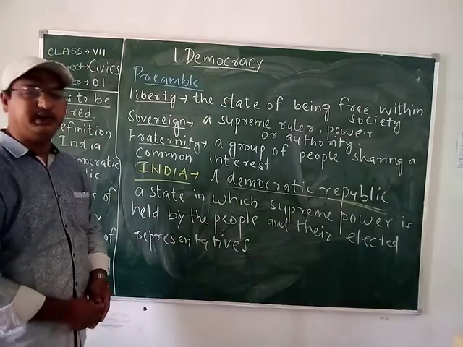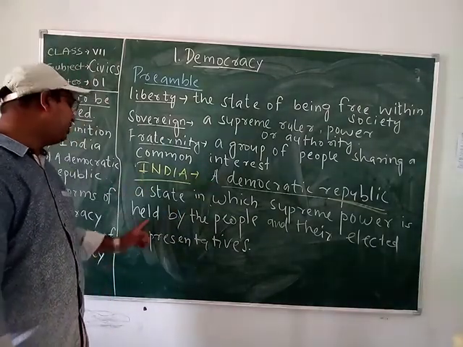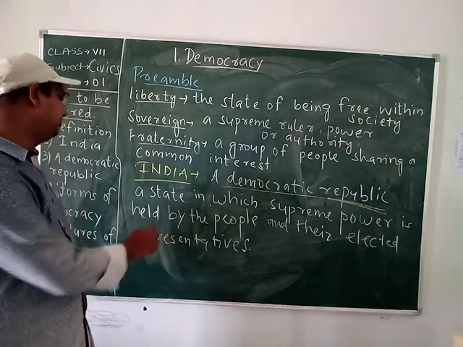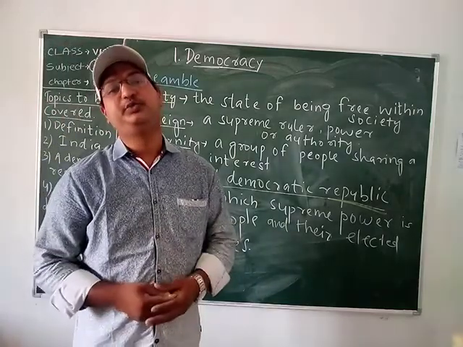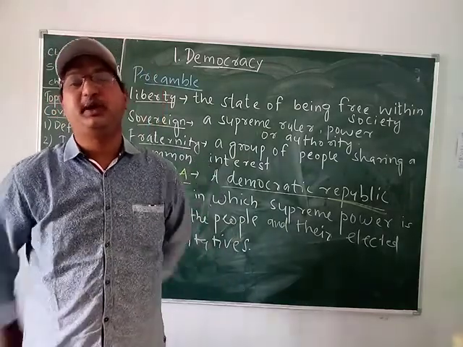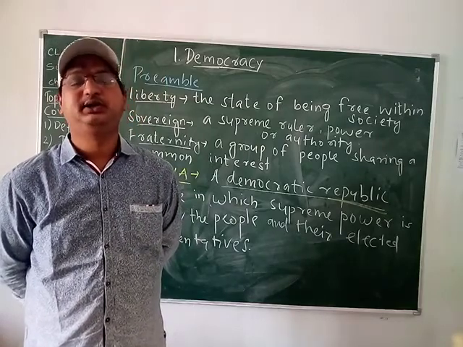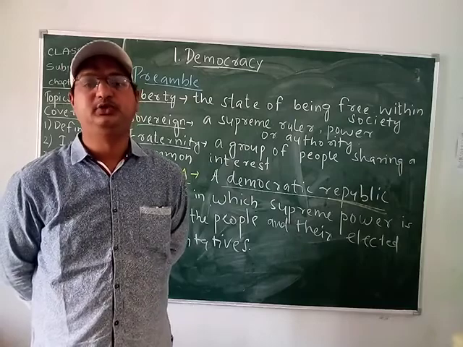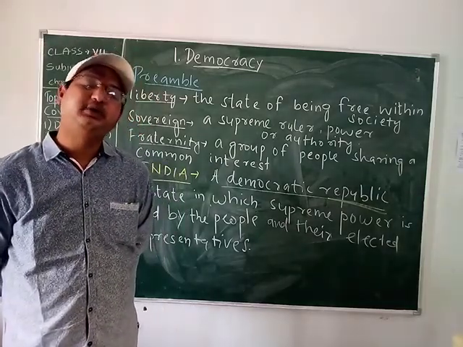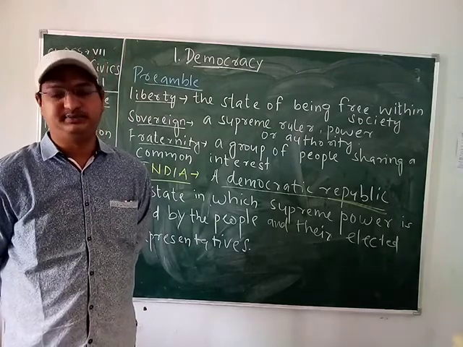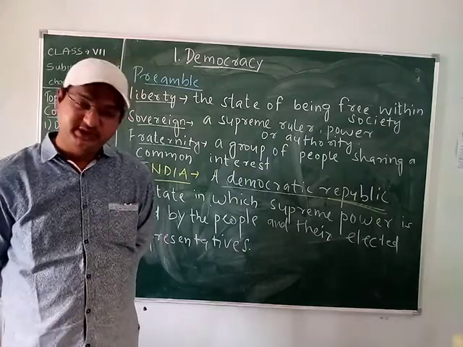What is the meaning of republic? Republic is a state in which the supreme power is held by the people and their elected representatives. Students, in a country like ours, the supreme power means the Prime Minister and the Council of Ministers. They are elected by the people of the country through the mechanism of elections, and that has made them the Prime Minister or the ministers.